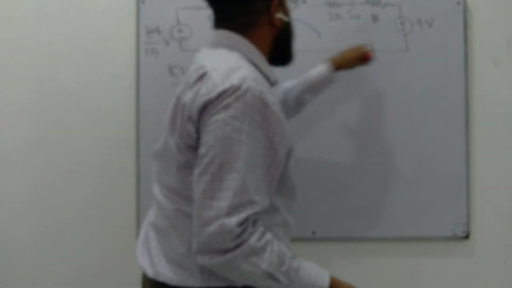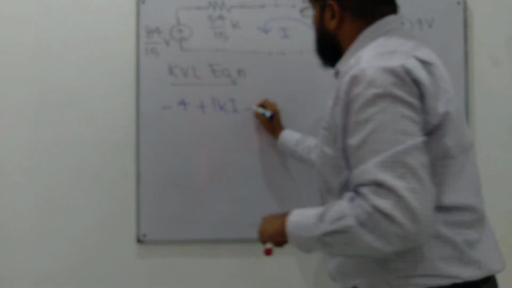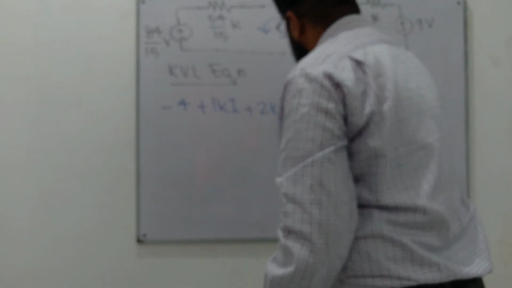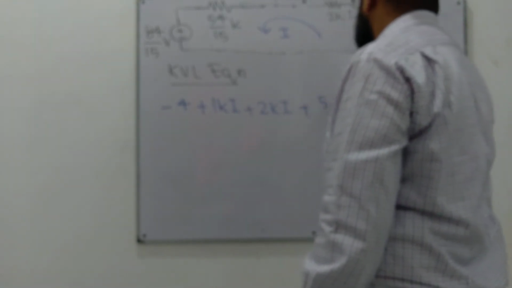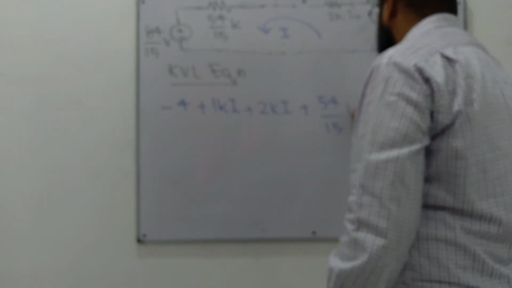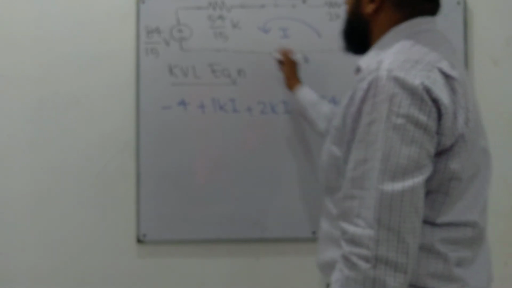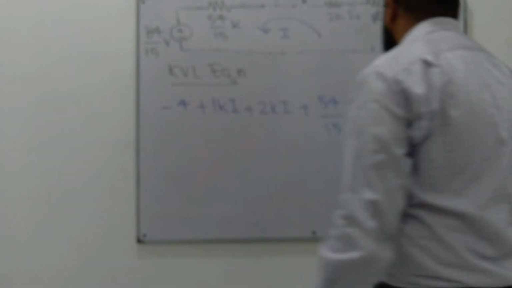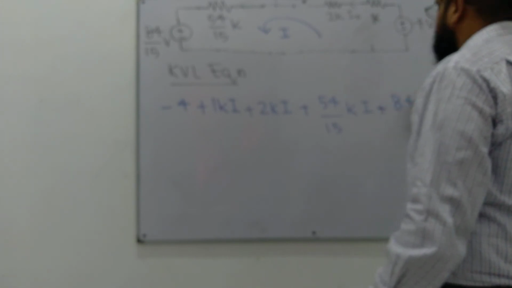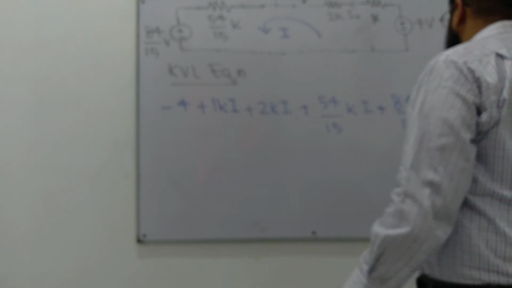Starting from here, the current enters from the negative side. We write negative 4 plus, through this 1K resistor, the voltage drop is 1K times I, plus 2K times I, plus the voltage drop across this resistor, 54 by 15 times I, plus the current flows to the positive end of the source, therefore we write it as positive 84 by 15. The sum of voltage drops is 0.